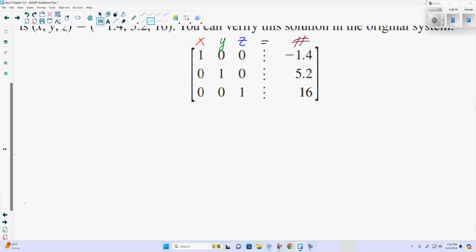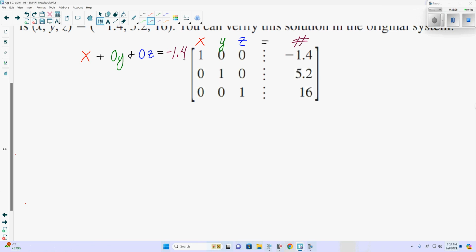So let's look at the first row. We have x plus 0y plus 0z is equal to negative 1.4.